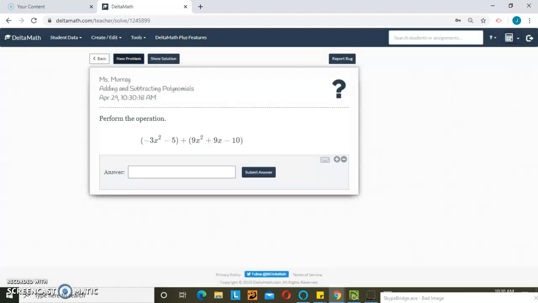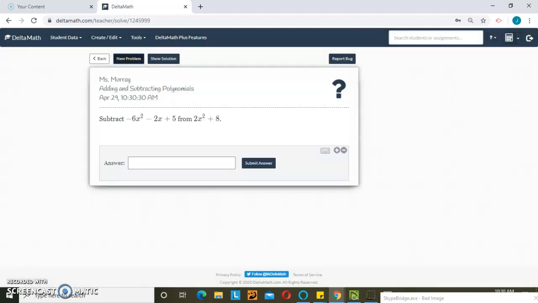Okay, I just want to talk about one more. Subtract negative 6x squared minus 2x plus 5 from 2x squared plus 8x.